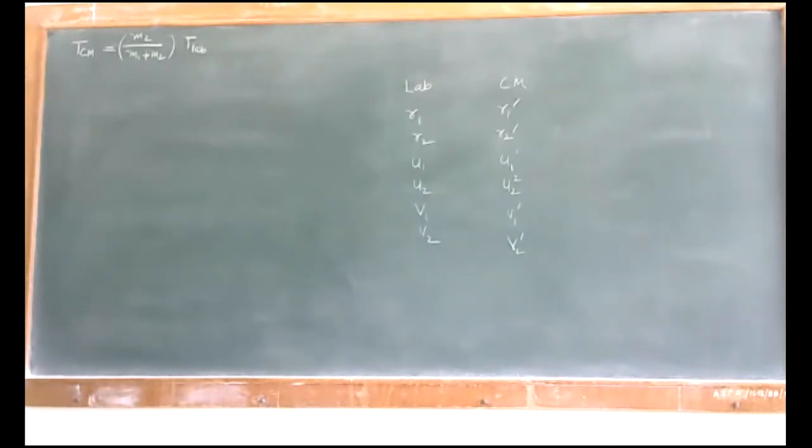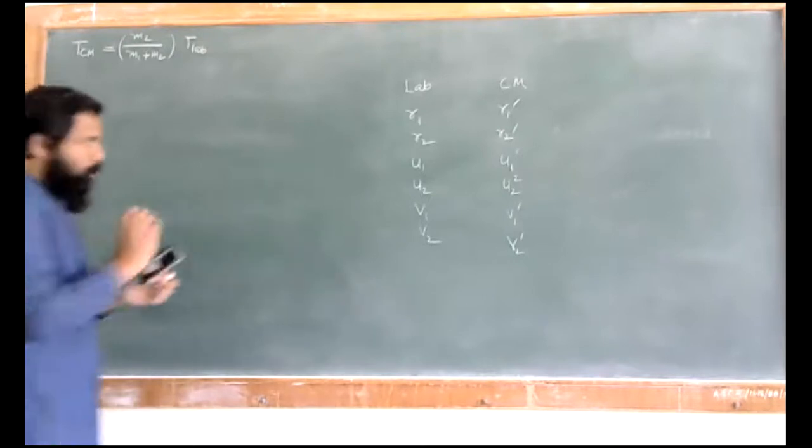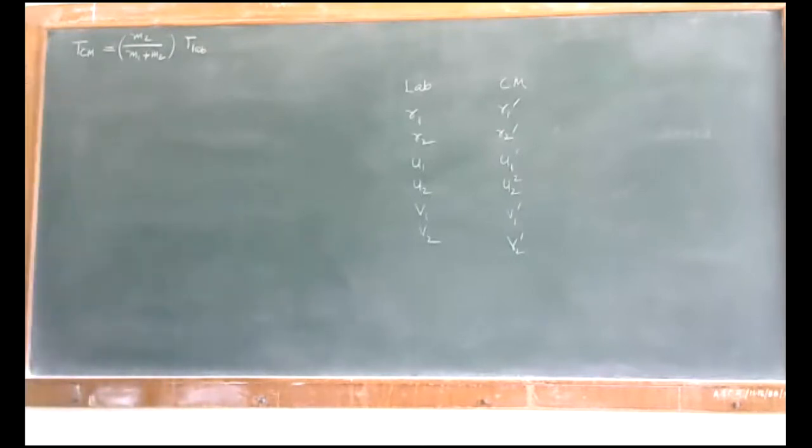That will show that this T CM is equal to m2 divided by m1 plus m2 into T lab. So what we have to look at is that in the laboratory frame of reference, let u1 be the velocity of the incident particle before collision.